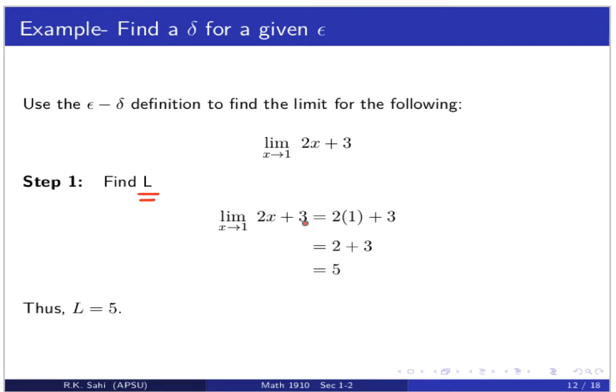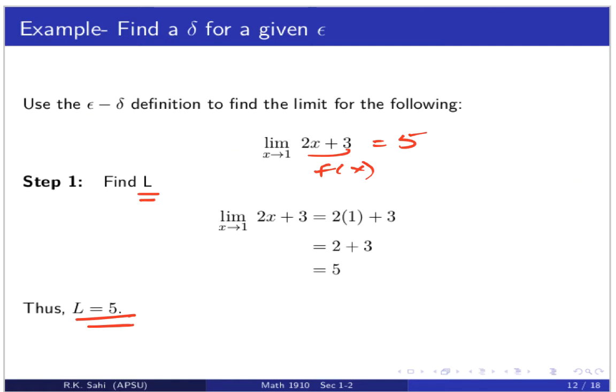Or if you have a rational function where there is no problem in the denominator, you take the value where x is going and substitute it in the function. Remember, this is the function f(x). So we take 1, substitute in place of x, and we get 2 times 1 plus 3, which is 5. So the limit is 5. Now we just have to find the delta based on the epsilon.